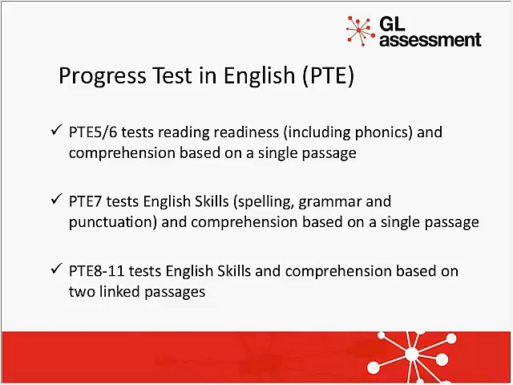The reading comprehension at age 7 will again be based on a relatively short single passage. For progress test 8 to 11, again English skills, spelling, punctuation and grammar, but here the reading comprehension will be based on 2 linked passages, 1 fiction, 1 fact.